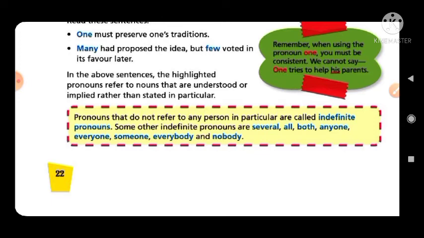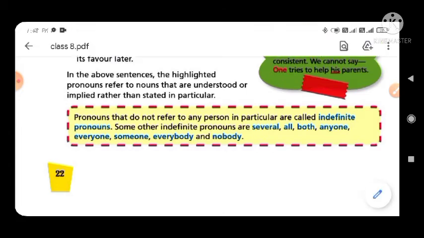You have to learn the difference between the indefinite pronoun and the demonstrative pronoun. The word one is used both as a demonstrative pronoun as well as an indefinite pronoun. It is used as a demonstrative pronoun when we point out the person or thing to which it refers. Look at the sentence below.